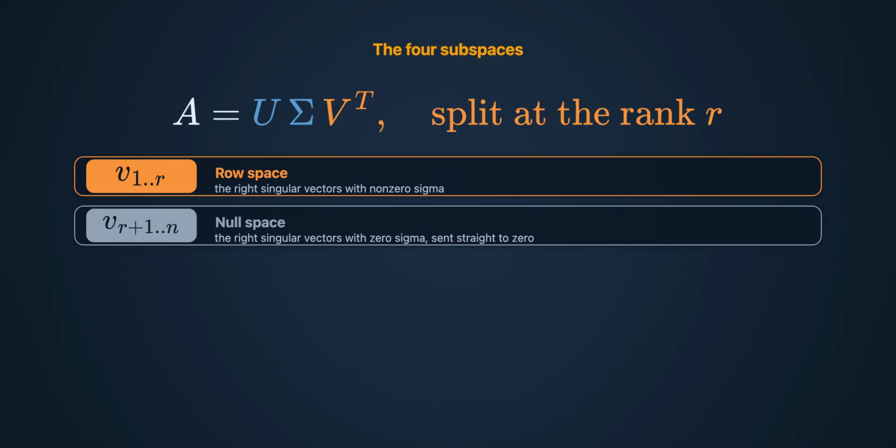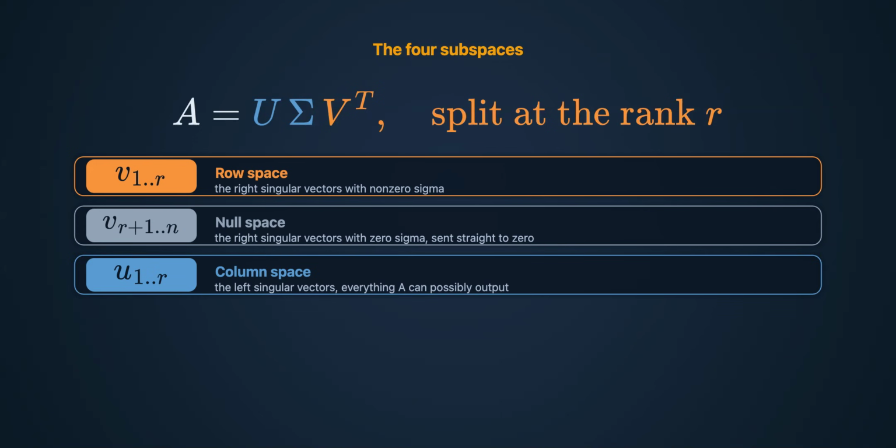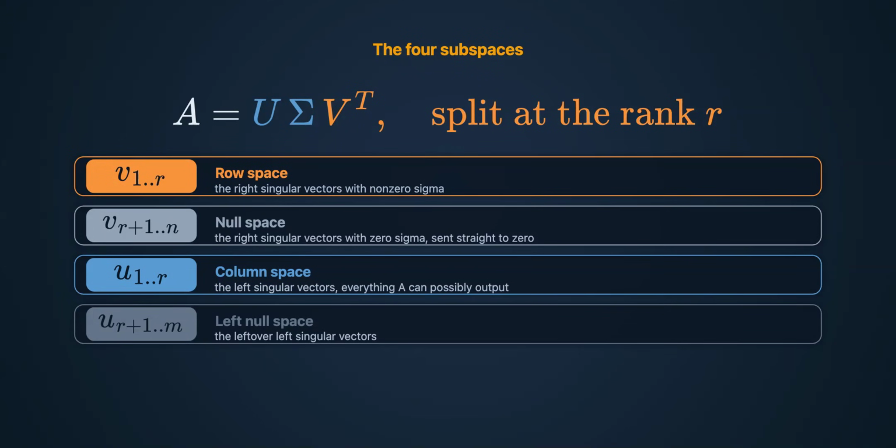The ones with 0 sigma, like our V3, span the null space, the directions crushed to 0. On the output side, the left singular vectors span the column space, everything A can reach, and the leftovers span the left null space. One decomposition, and all 4 fundamental subspaces fall out, orthonormal and sorted.